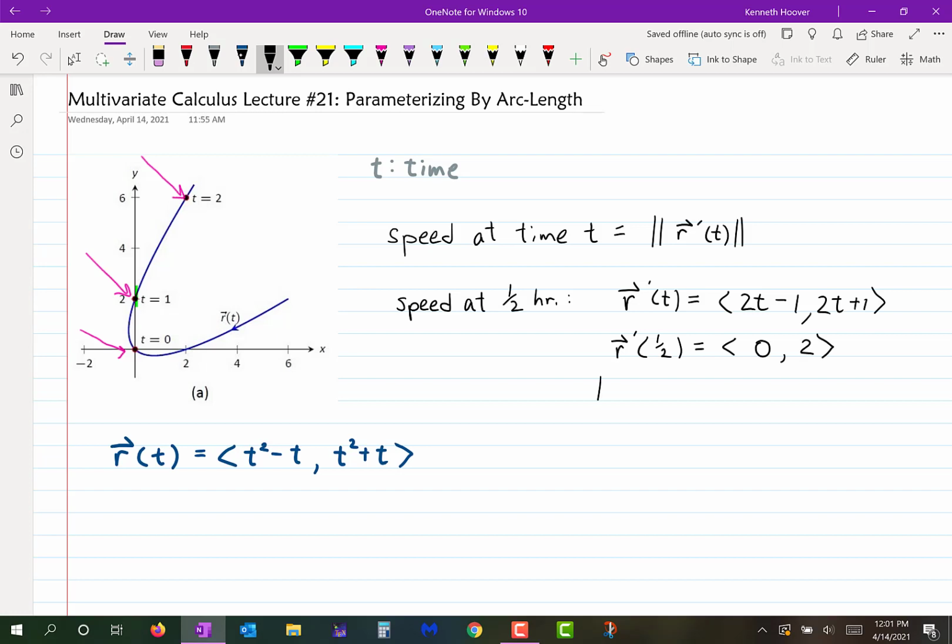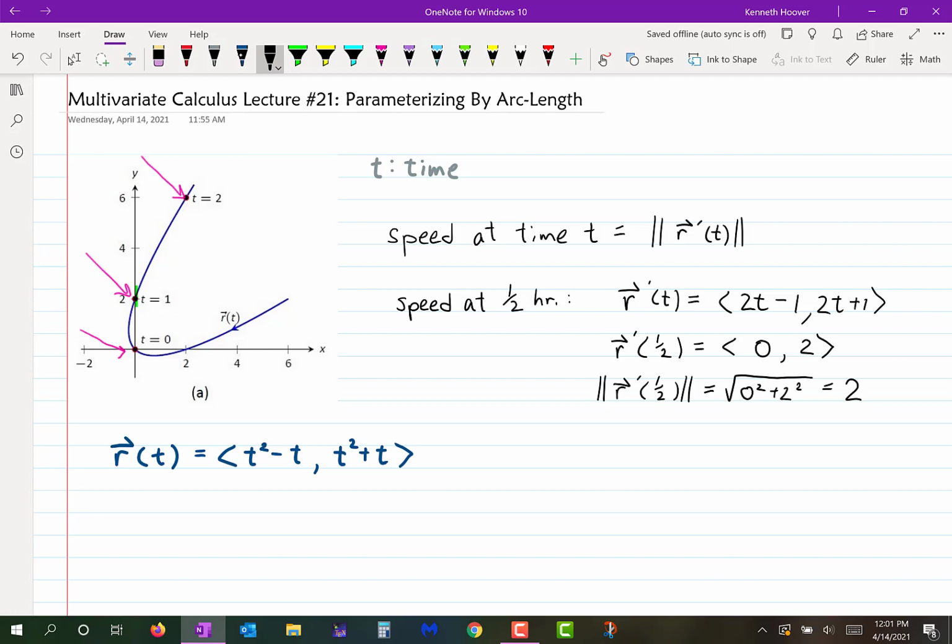The magnitude of that vector is the square root of 0 squared plus 2 squared, which is 2. So our speed is 2.